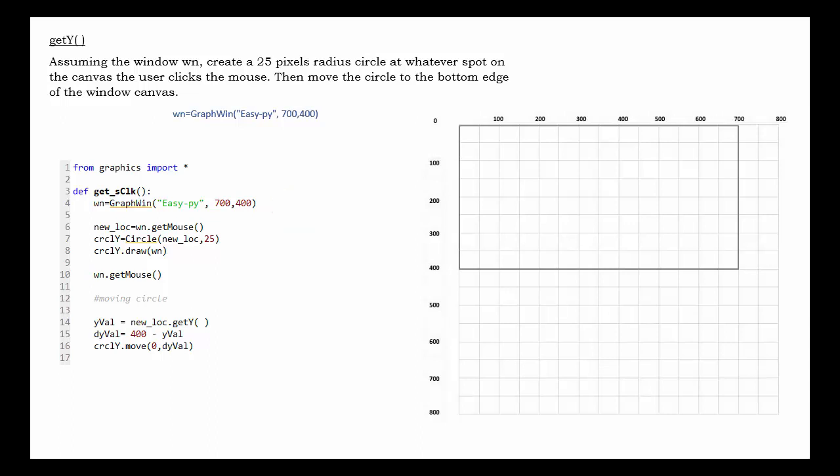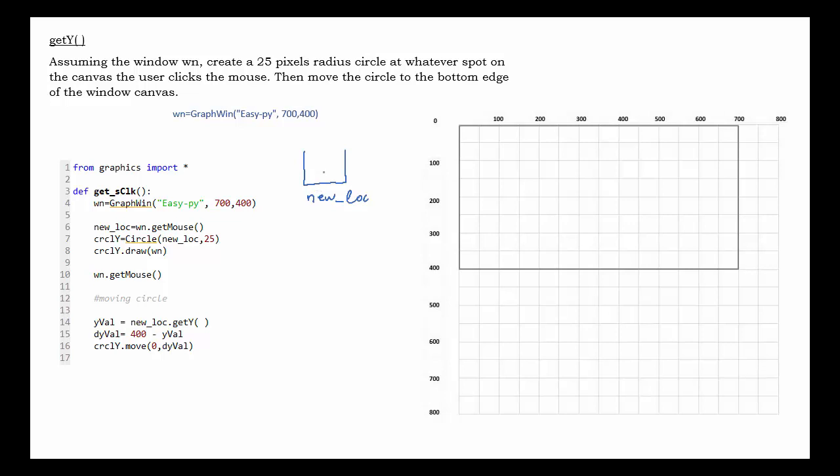I would like to spend more time on line 6. Line 6 is an assignment. The left side of the assignment is new_LOC, and this is an object. Imagine that variable, that object, as follows: a bucket with the name new_LOC, and that bucket holds points, locations of points actually.